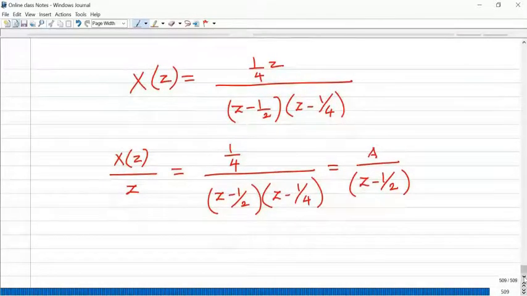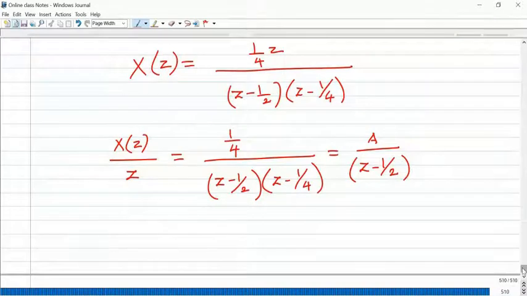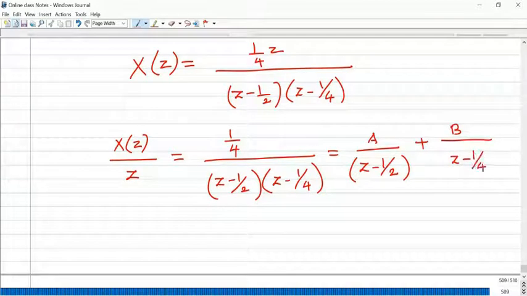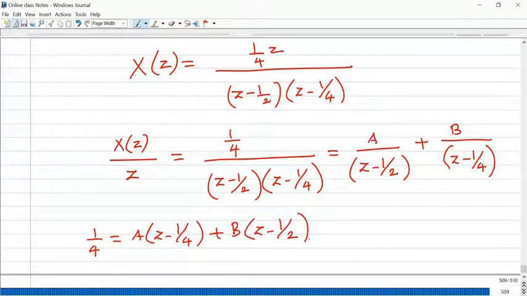So a divided by z minus 1 by 2 plus b divided by z minus 1 by 4. Solve it. 1 by 4 equal to a times of z minus 1 by 4 plus b times of z minus 1 by 2.